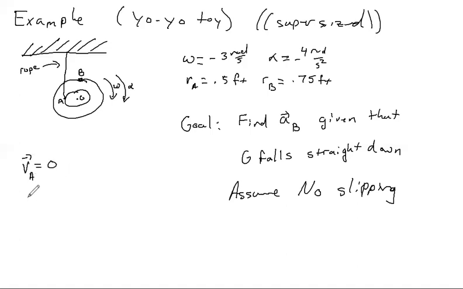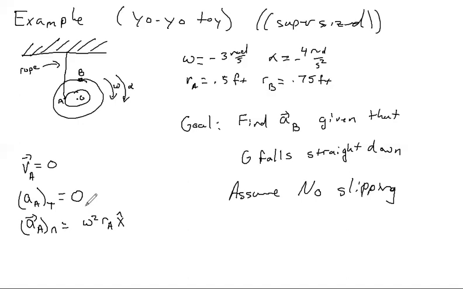We know, because it's just like when you had an object rolling without slipping, that the acceleration at A tangent must be 0. And furthermore, the acceleration at A in the normal or radial direction must be omega squared times RA, and it has to point towards the center of the circle, which would be in the positive x direction.